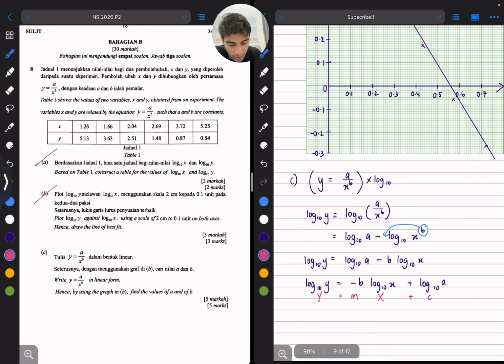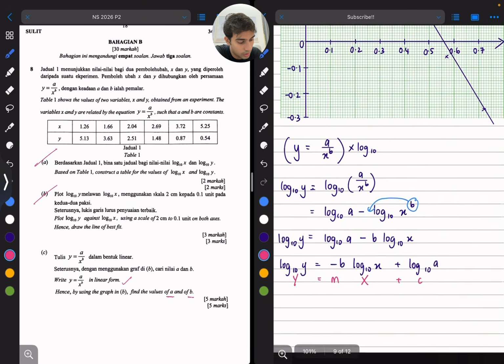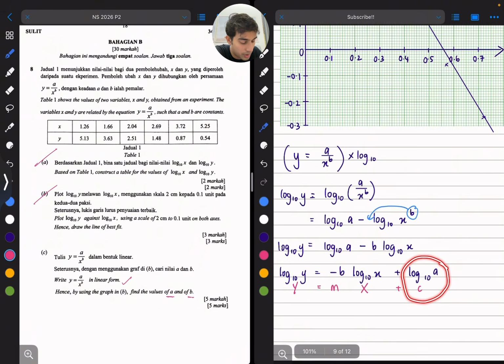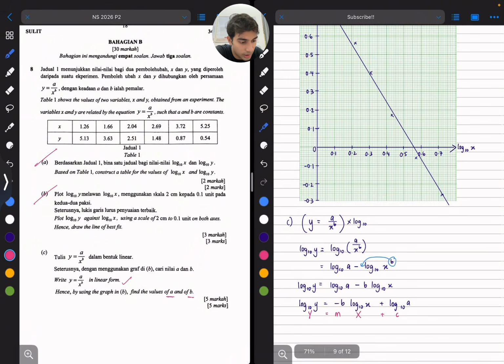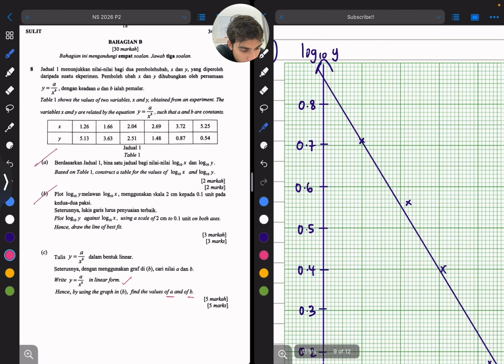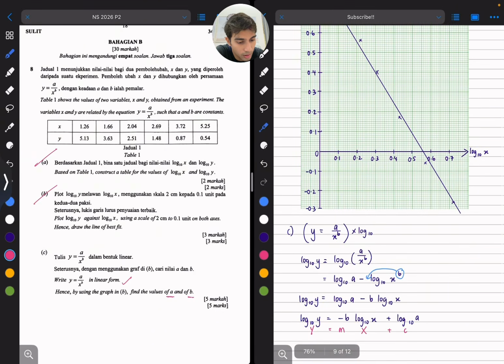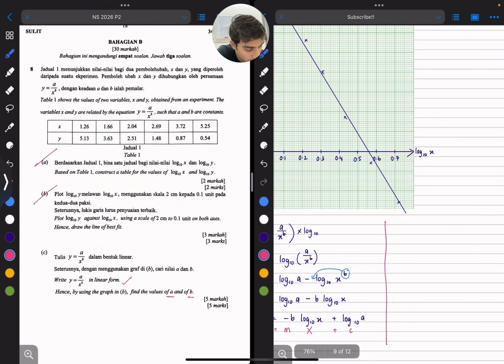Once we have it in linear form, we need to use the graph to find the values of a and b. Here log 10 a represents the y-intercept, c is the y-intercept. So log 10 a we can find here. This is the y-intercept, 0.86. So log 10 a is 0.86.